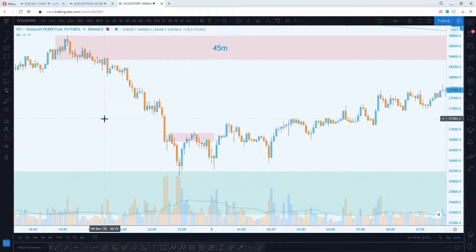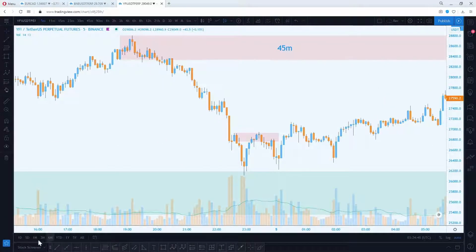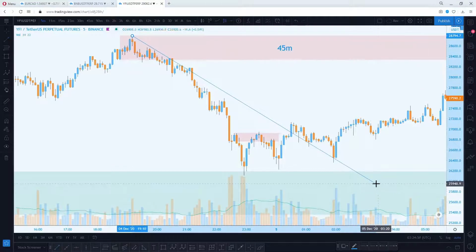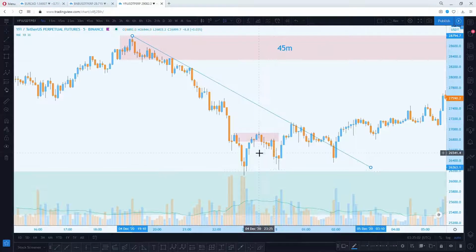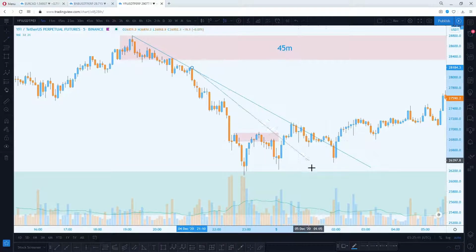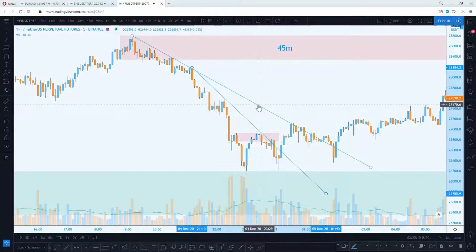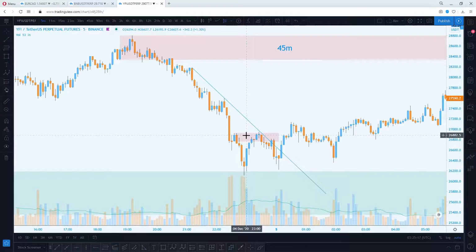So on this 5 minutes, if I'm to rule a trend line from this action here, it's not a perfect line, but because we have this low and this side coming to this lower low, you can also rule like this from this side. So let's take this, and then this is my supply.